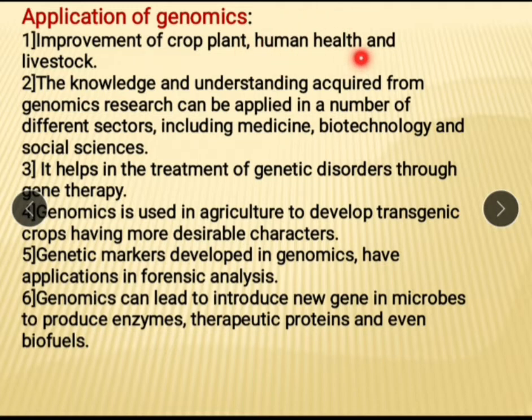Then human health: if we insert the insulin secreting gene into a diabetic patient or the offspring of a diabetic patient, that healthy gene will avoid diabetes in that offspring. This is an application of genomics.